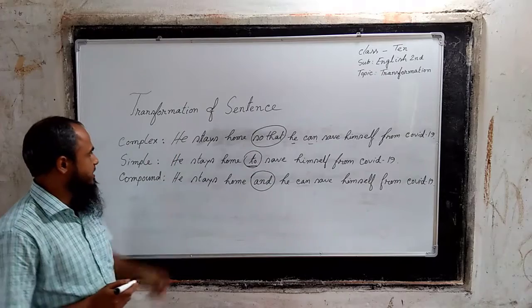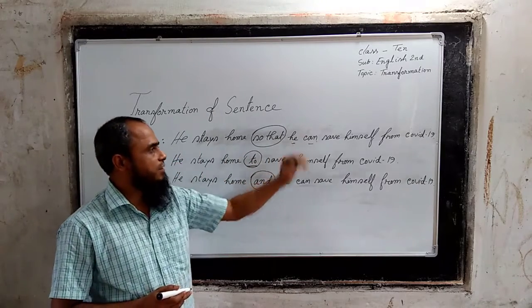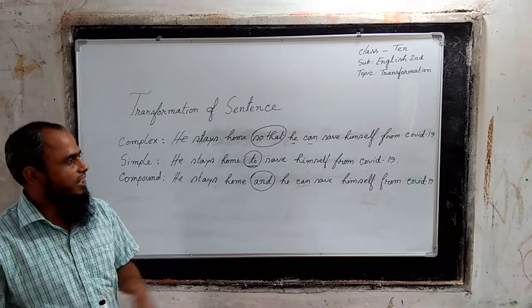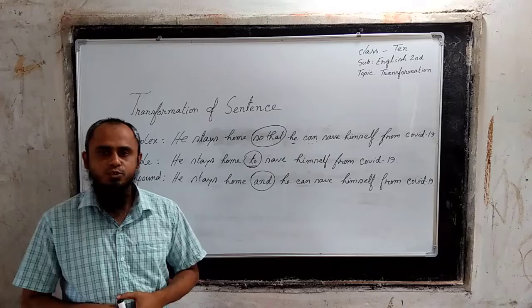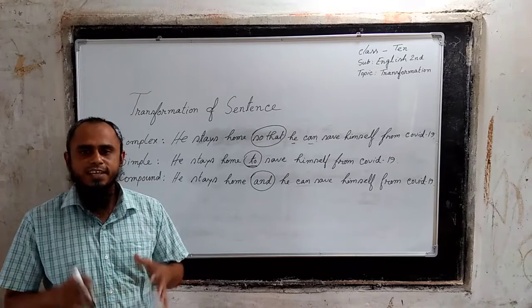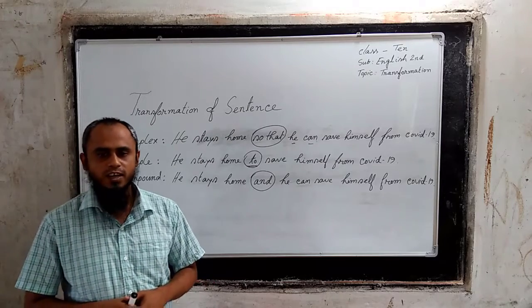Here I have written the sentence: he stays home so that he can save himself from COVID-19. And you know that COVID-19 is a pandemic situation. In this situation, if anybody stays home, it is the better place for him or her.